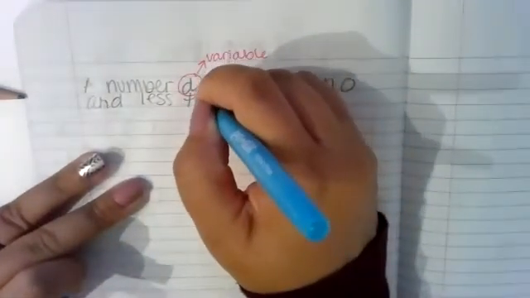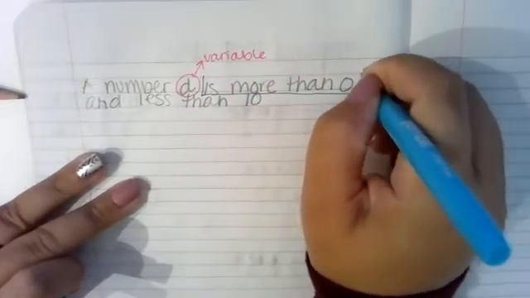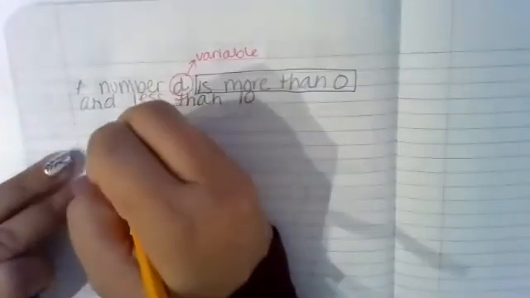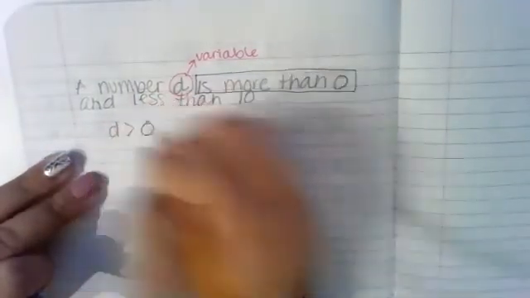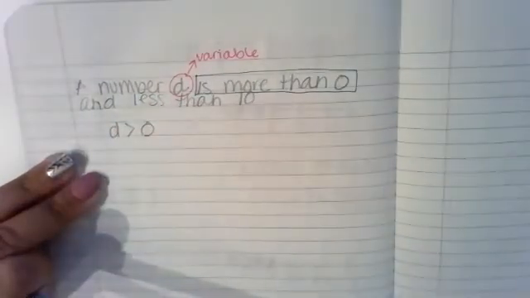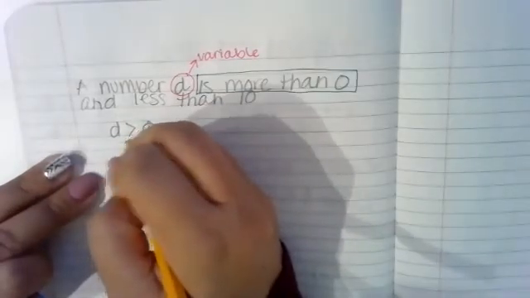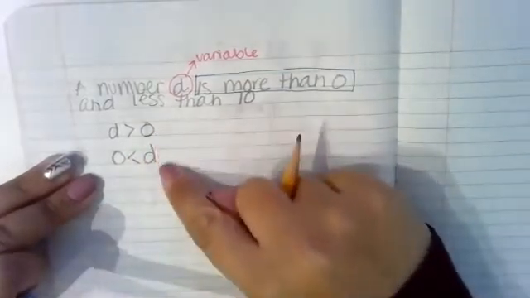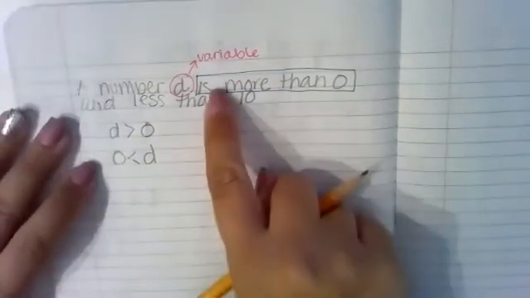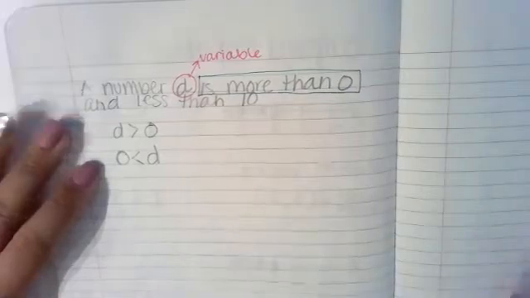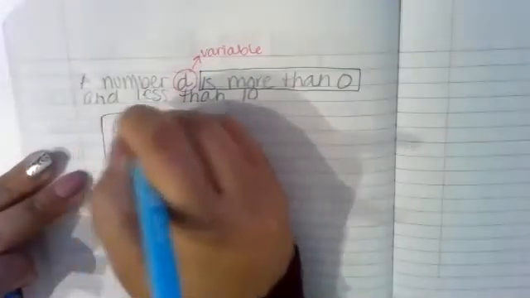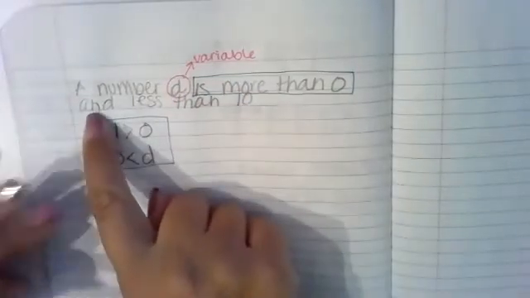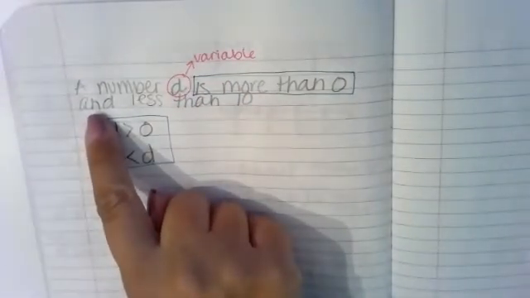So D is more than 0. Okay. This can also be written as 0 is less than D. Either one of these represents this sentence here. Okay, these two correlate. And so D has to do two things at once.